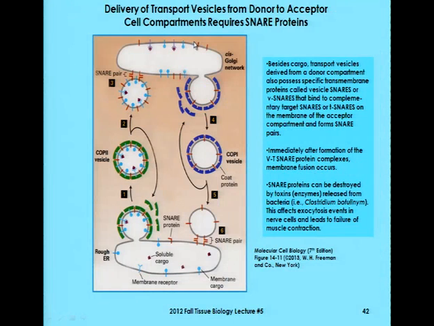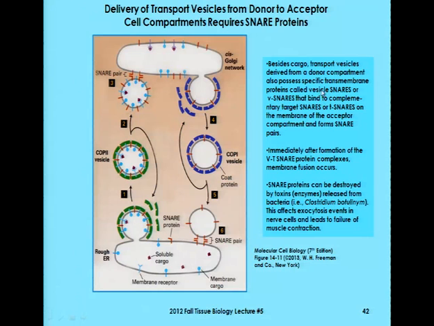Now, in addition to all these different coated vesicles, you need to know that the delivery of these vesicles requires another type of protein called SNARE proteins. These are particular transmembrane proteins.